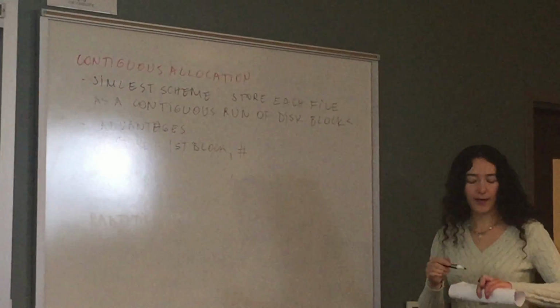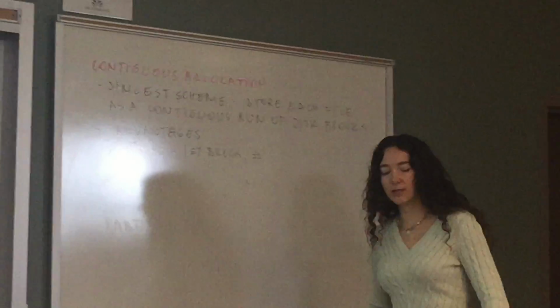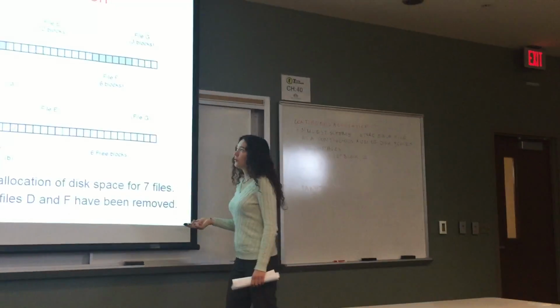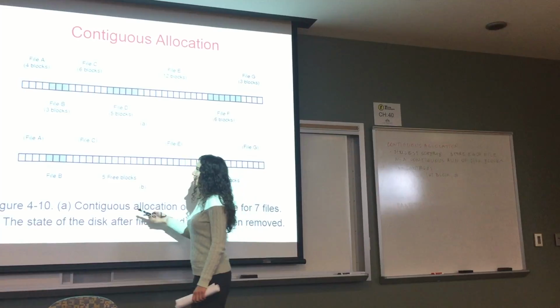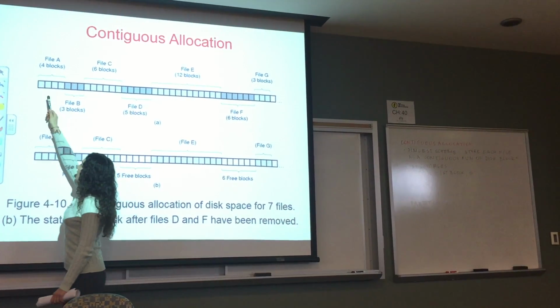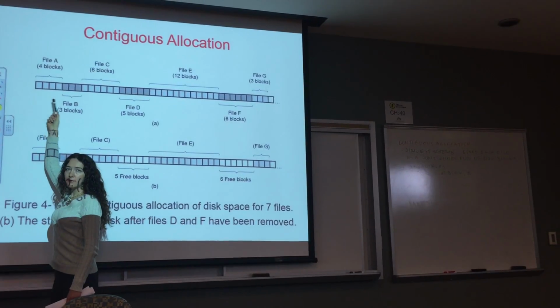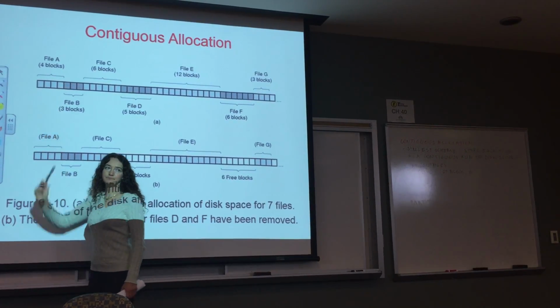And this way we have the information about the first file. This way we know all the blocks that make up the first file. So the only thing we have to store is where it starts and how many follow after that.